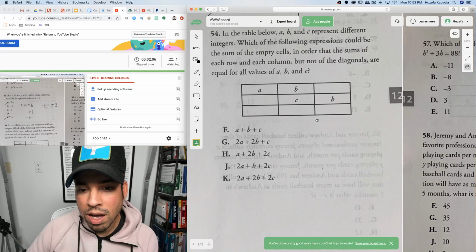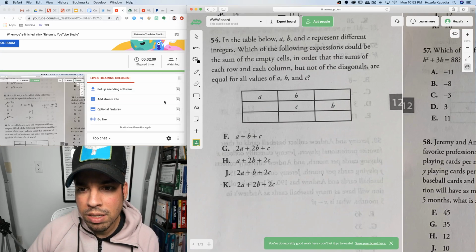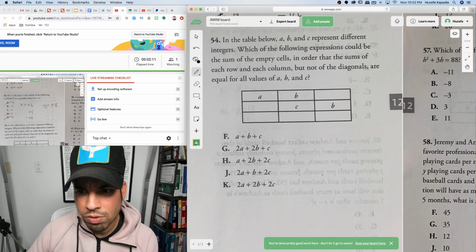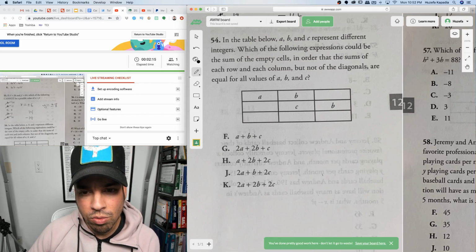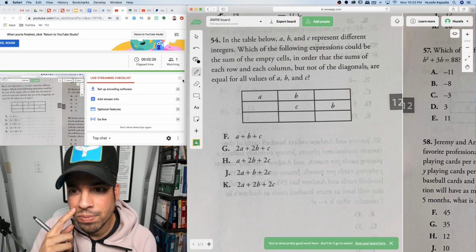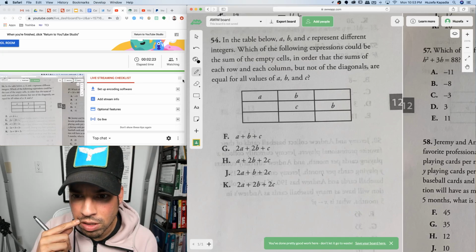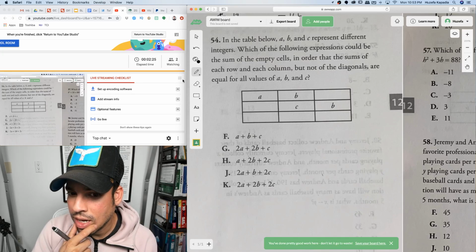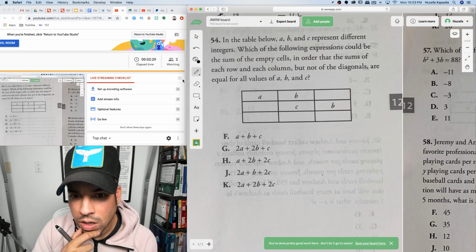Odd man out. In the table below, A and B and C represent different integers. Which of the following expressions could be the sum of the empty cells in order that the sums of each row and each column, but not of the diagonals, are equal?